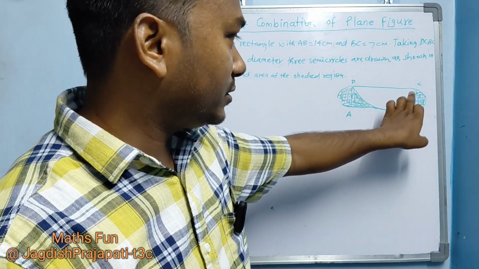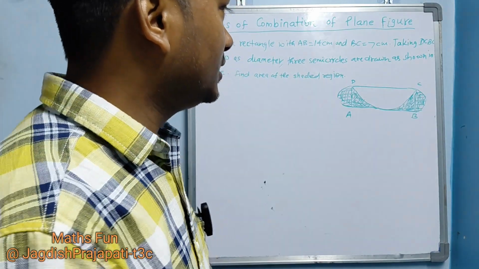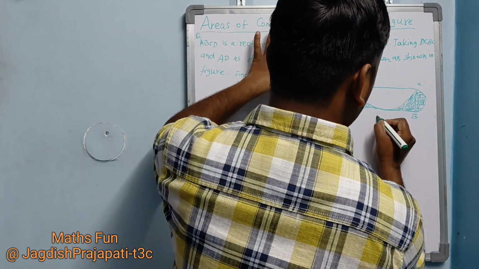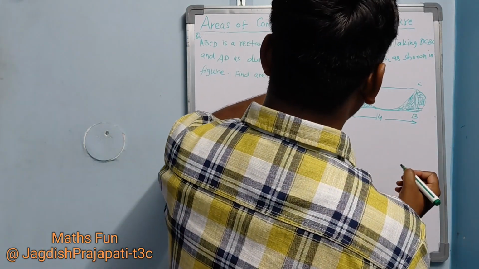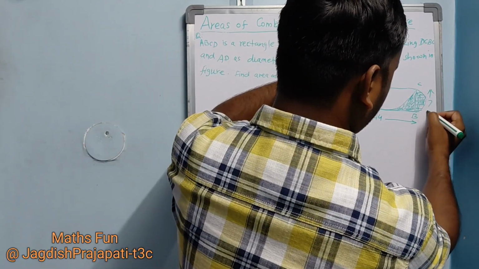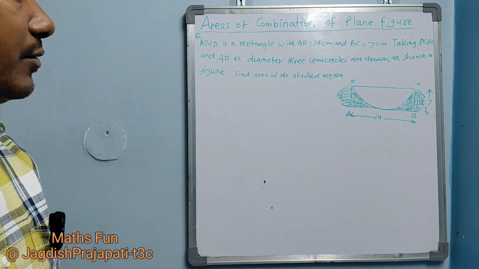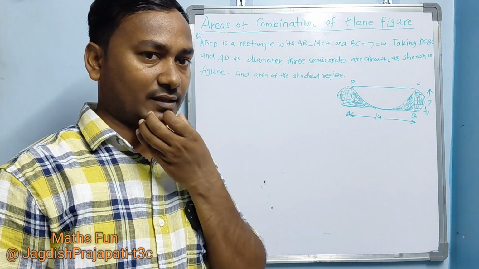So this is a semicircle, this is a semicircle, and this is also a semicircle. AB is 14, so this is 14. BC is 7. Okay. So now tell me how to find the area of the shaded region.